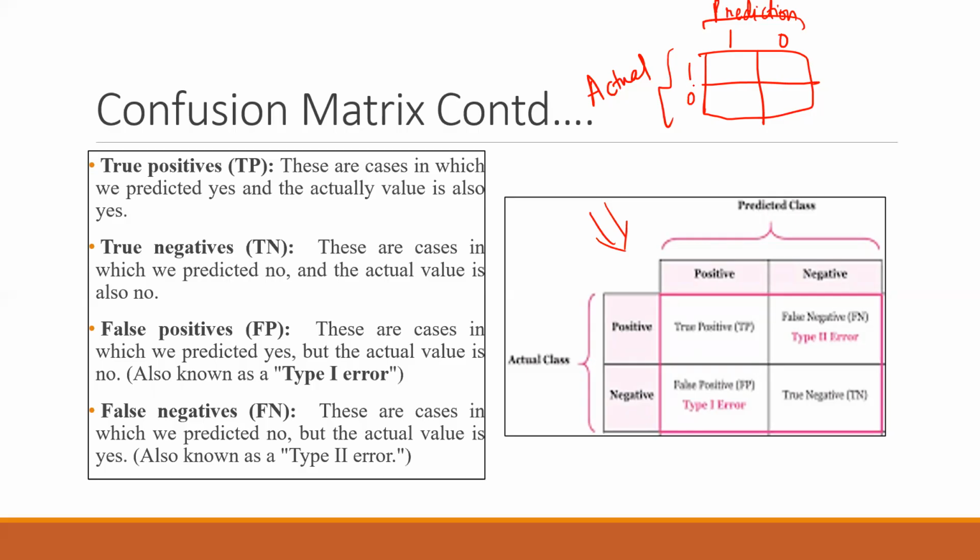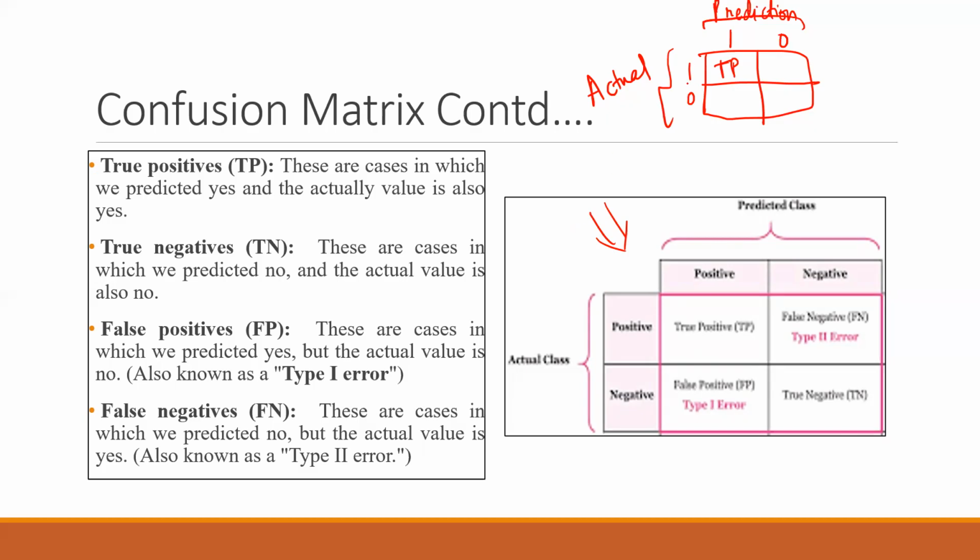If my actual value is 1 and output is also 1, prediction is also 1, this is called true positive, because it is a positive number, right? If we consider that 1 is the positive case and 0 is the negative case, then TP is true positive if 1 and 1 are matching.